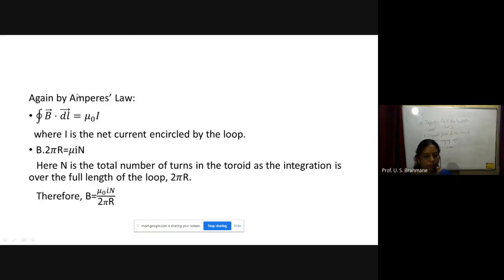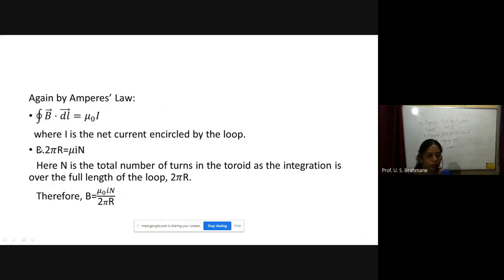Now again, Ampere's law is what? So first always start with Ampere's law. Integration of B dot dl is equal to mu 0 I, where I is the net current encircled by the loop. So remember that. Now this I is nothing but IN, the current and the number of loops. So this is the total current.